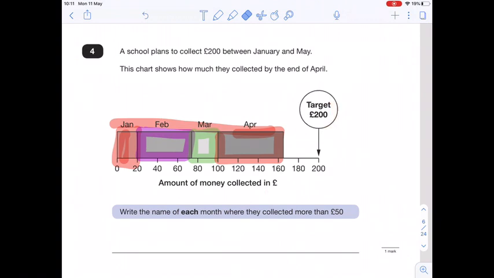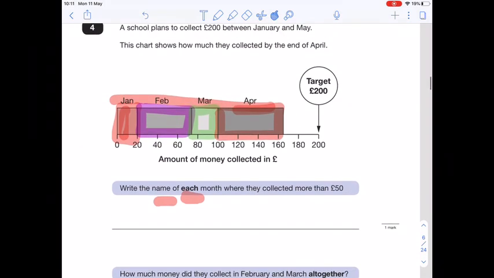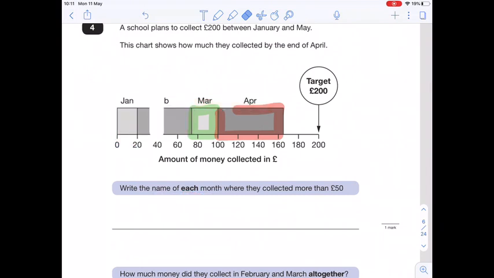Okay, so let's have a look. Write the name of each month, so every single month, where they collected more than £50. So let's go back to our original. Sorry. I'm going to take these off because it's slightly confusing now that we understand what the chart's about. So in January, how much did they collect? Well, that's easy because they did 0 to 20, so it's £20 in January. In February, they went from 20 to 70 something, didn't they?